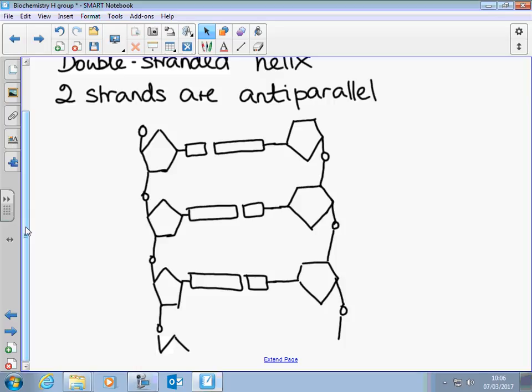Okay, right at the bottom of that page. So it looks like 1 dash to 5 dash. We actually pronounce that 1 prime to 5 prime. Right down at the bottom of the page where the nucleotides form. That side there. The bottom of the first diagram side. Right down the bottom, yeah?